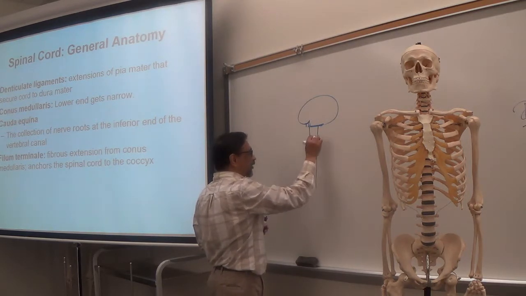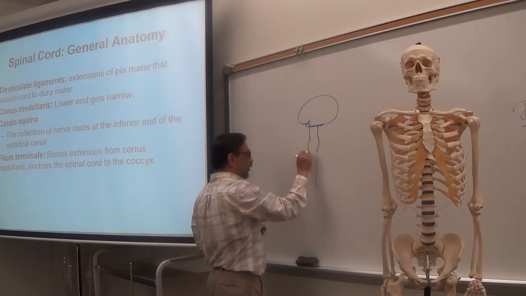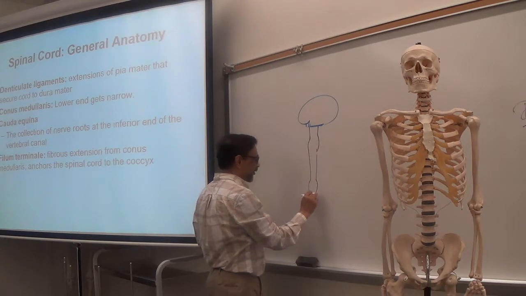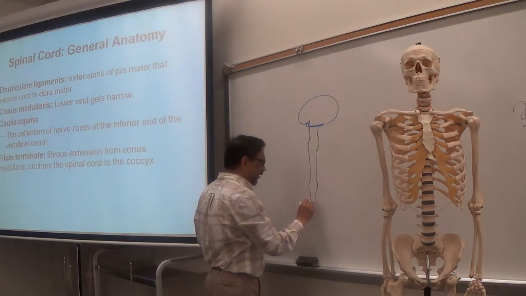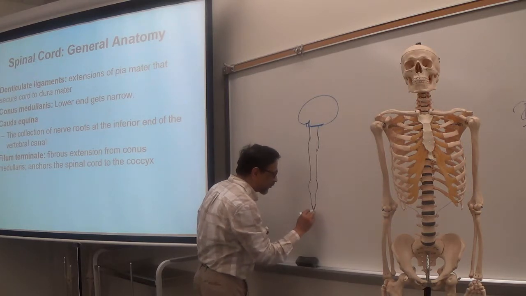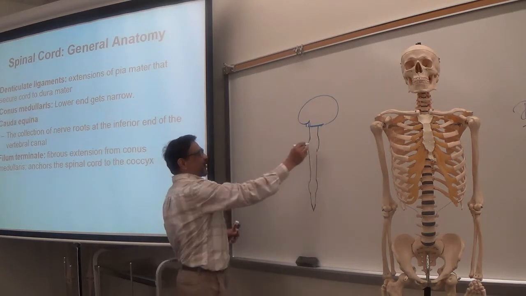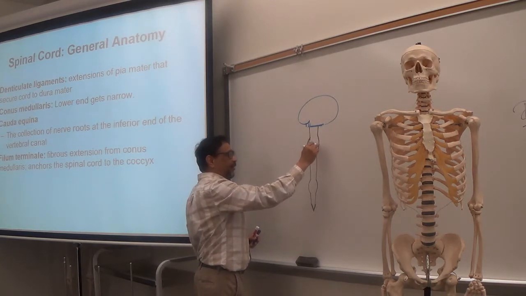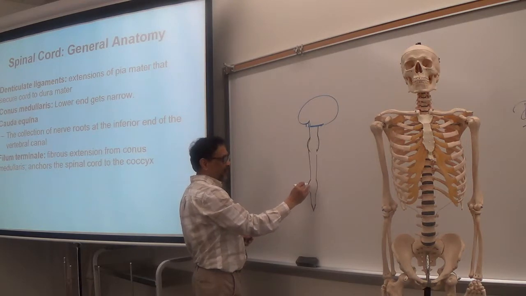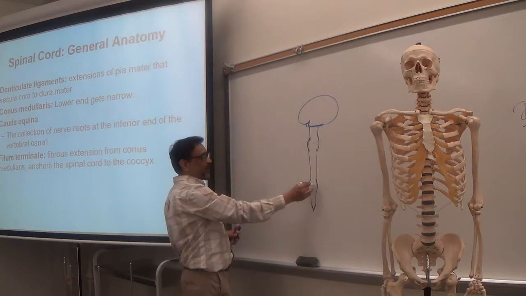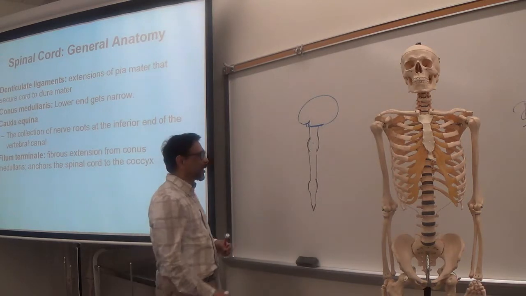In two locations, the spinal cord is slightly wider. Like this, okay. And this is the lower end, and lower end is cone-shaped, like this. Okay. So here you see slightly expanded or wider, and here slightly expanded or wider. So two expansions in the spinal cord.